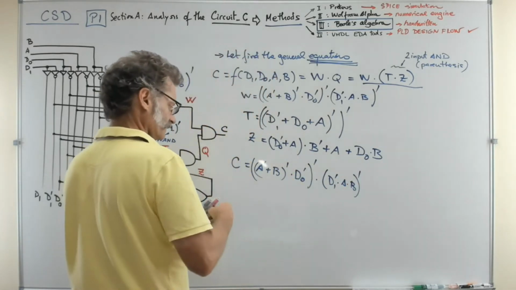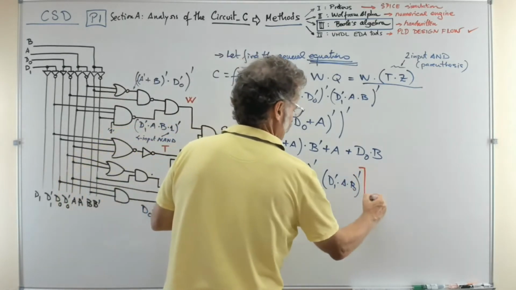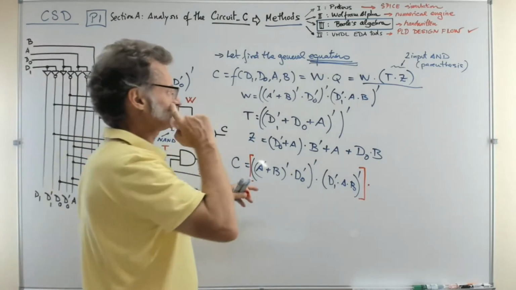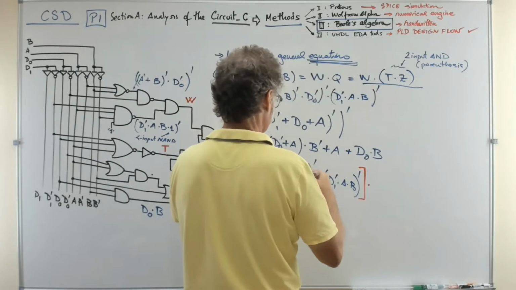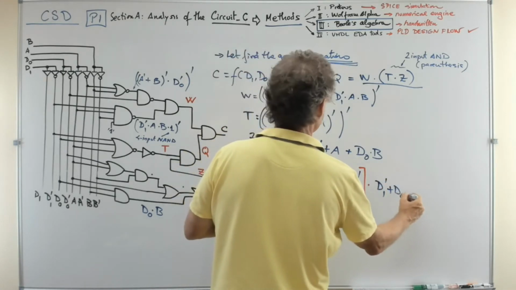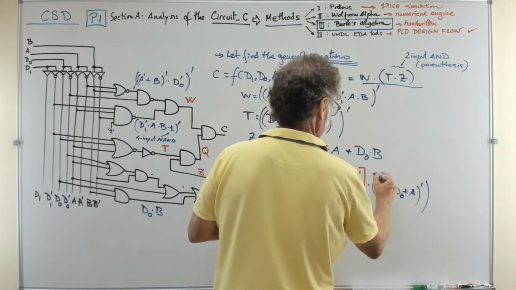Okay, and now here you have a parenthesis, a bracket if you like, which is an AND with T, and T becomes that term, D1 not, or D0, or A, and everything not, and again not.